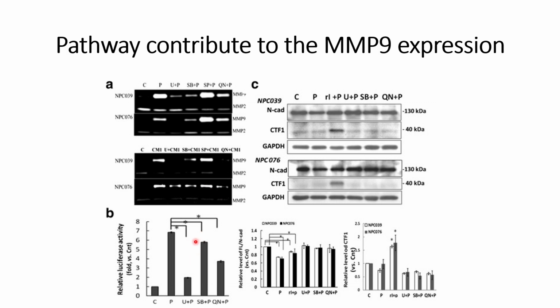We can see the decrease in MMP9 signals. So this is how they come to the conclusion, the logical understanding, that the MAPK pathway has a contribution towards MMP9 expression.